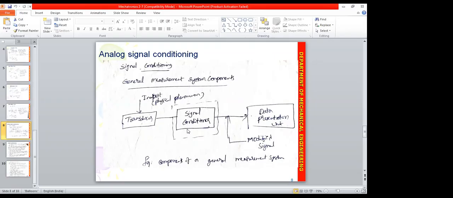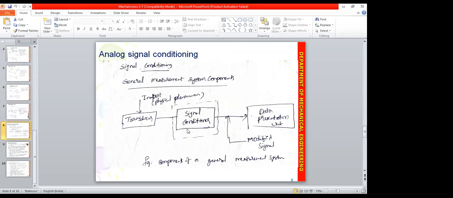So if anybody has some innovative idea to develop a mechatronics product, this whole syllabus is very worthwhile.